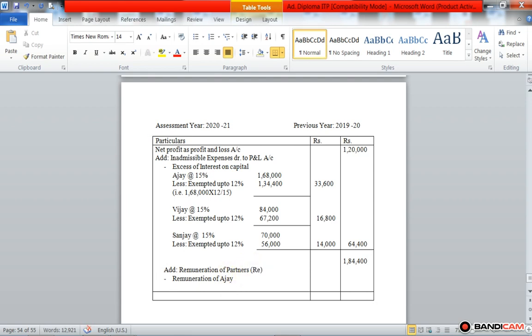Remuneration includes salary plus commission plus bonus.